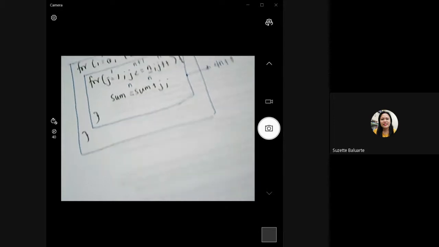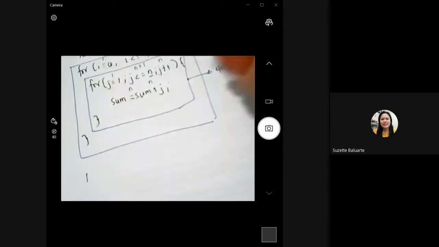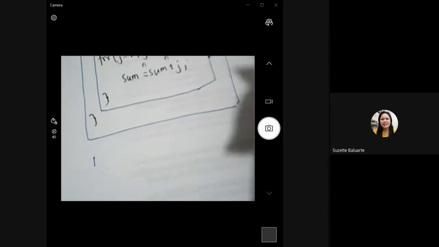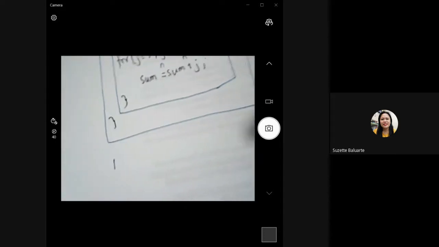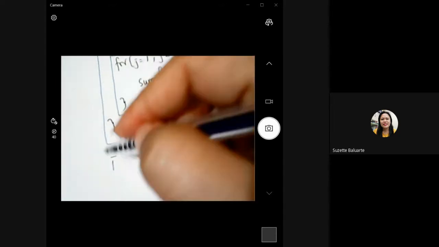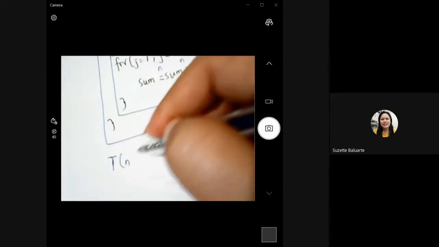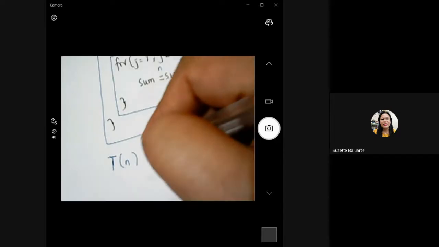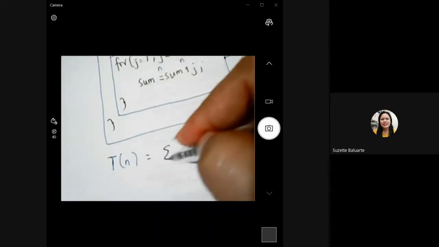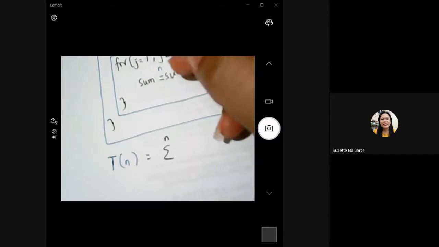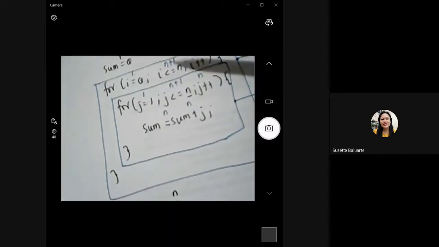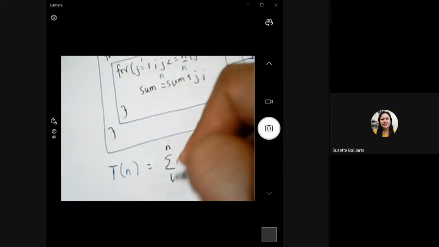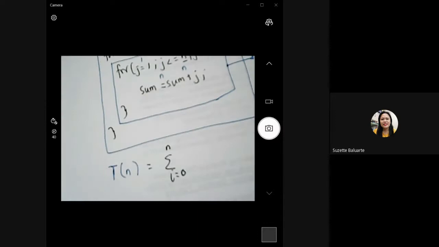So, we will have your T of n. Your T of n is equal to the summation of n where i is equal to 0. So how many is your inner loop?